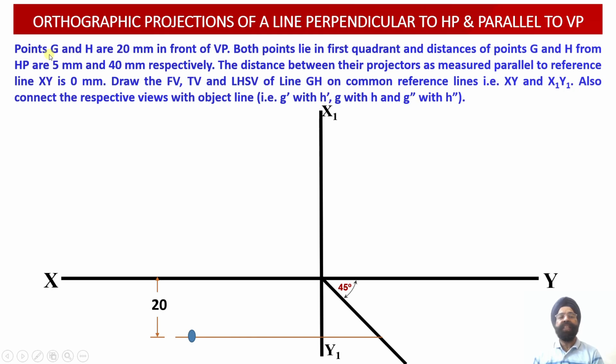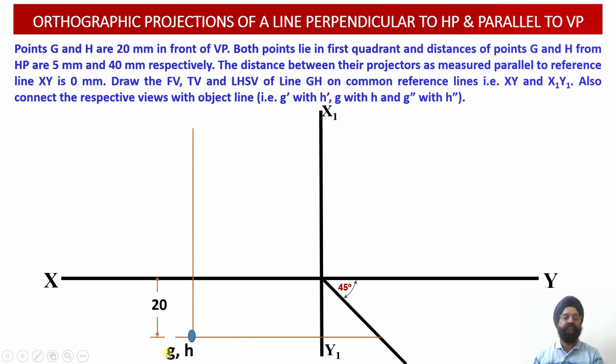So since the points G and H, that is small g and small h, are located 20 millimeter below the XY reference line, and the distance between their projectors measured parallel to the reference line happens to be 0, in the top view we obtain the point view projection of this line corresponding to the points G and H over here.